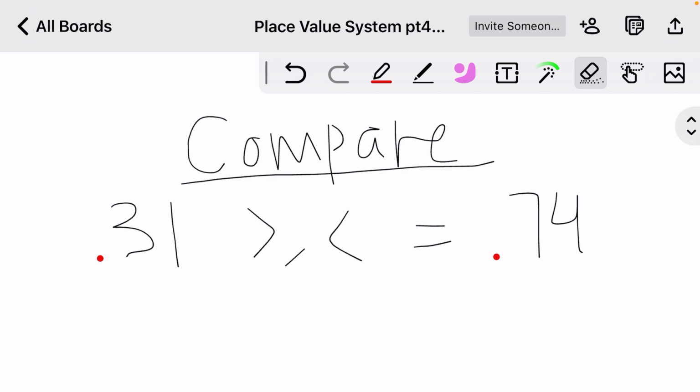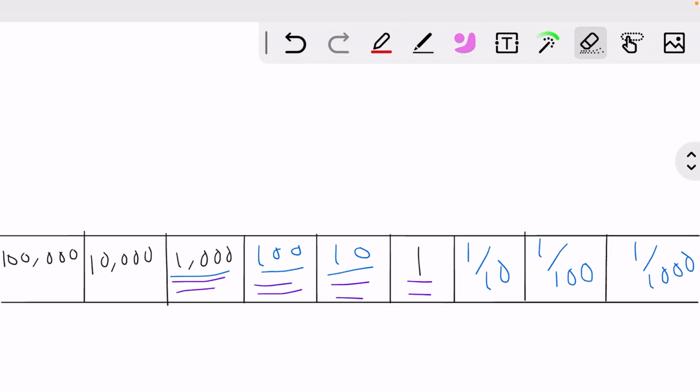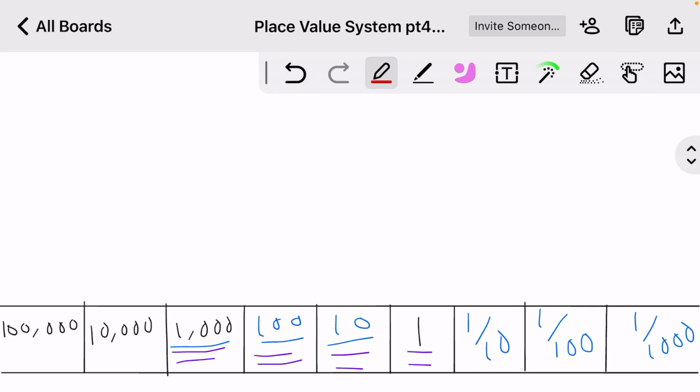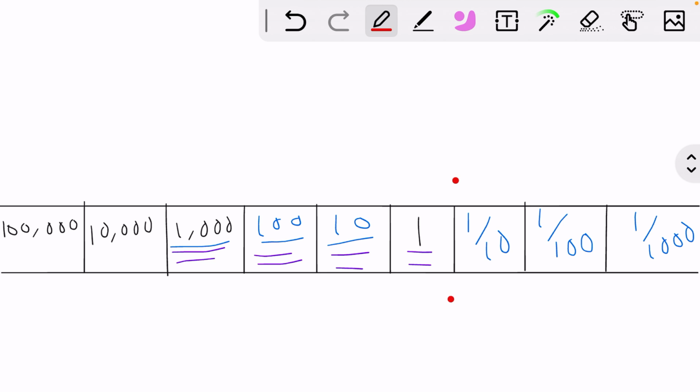We have to compare: is 0.31 greater than, less than, or equal to 0.74? Let's refer back to the place value grid, which is extremely useful, actually crucial, to understanding place value.